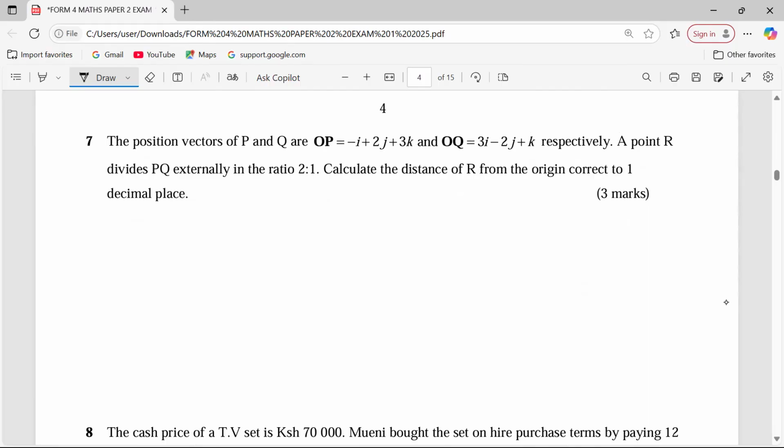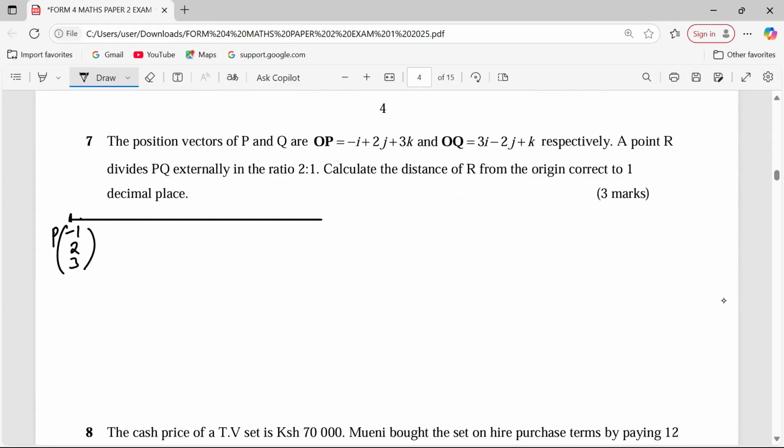So the first thing we are finding, let me analyze the division first, which is an external division of a line using what we call the ratio theorem. So we have our line here, whereby there is a coordinate P. And by the way, the coordinates of P can be extracted as -1, 2, 3.